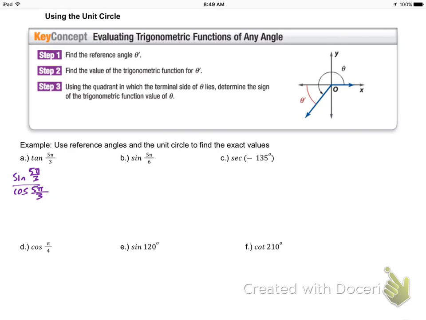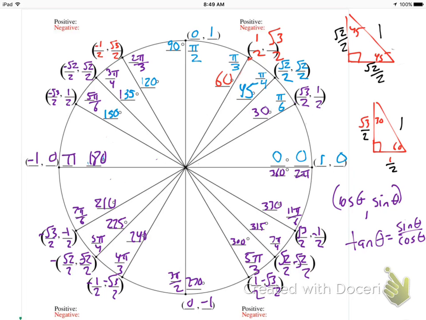Option number 1, just go to the unit circle. Where's 5 pi over 3? I'm backing up here. 5 pi over 3 I see is here. Oh, well, that's 300 degrees. Now I'm not thinking of it as 300 degrees. I'm thinking of it as sine of 5 pi over 3 over cosine 5 pi over 3. Well, here's a cool thing.